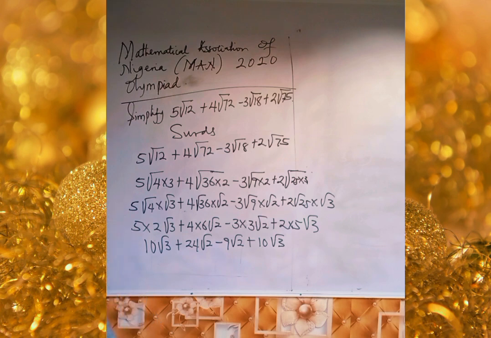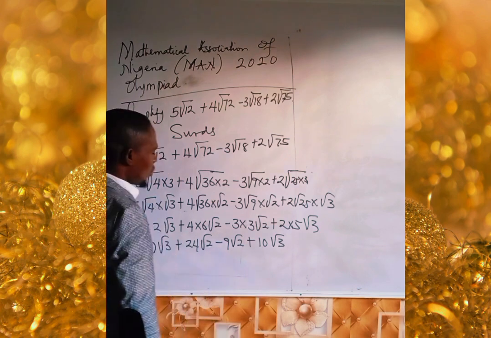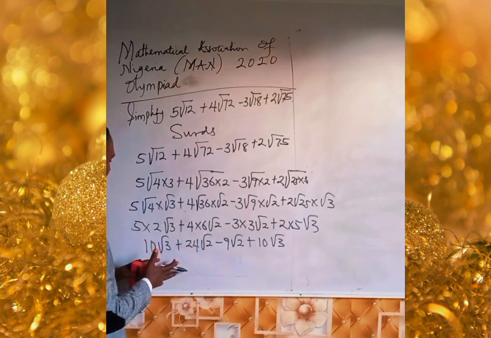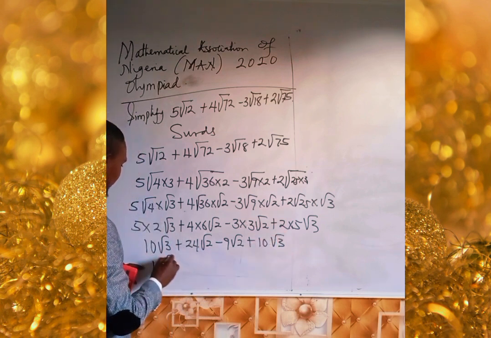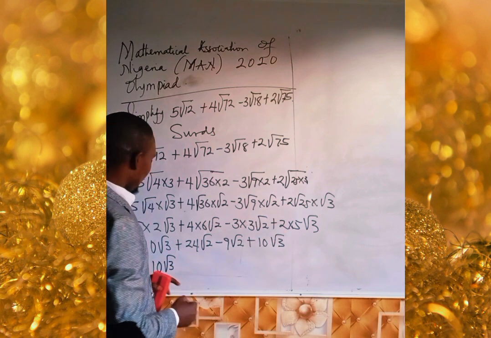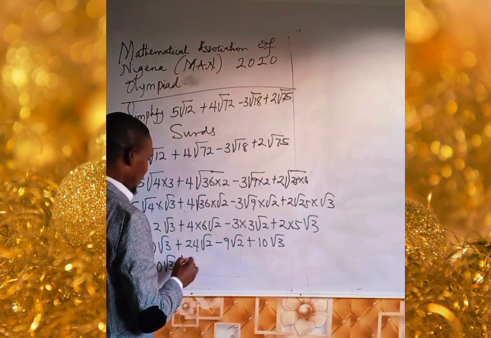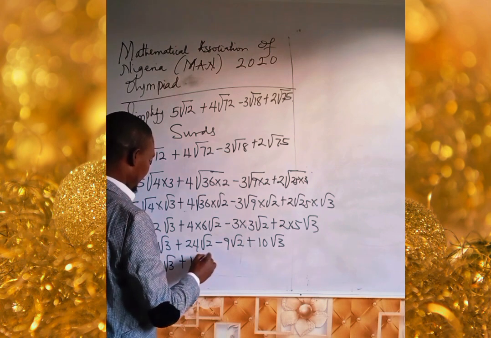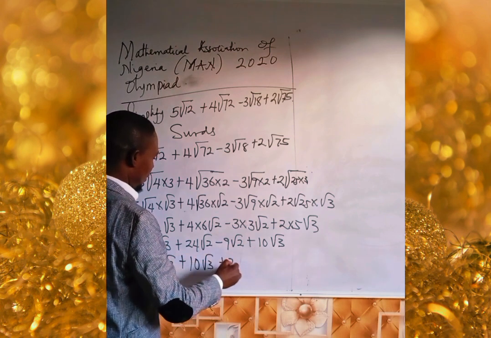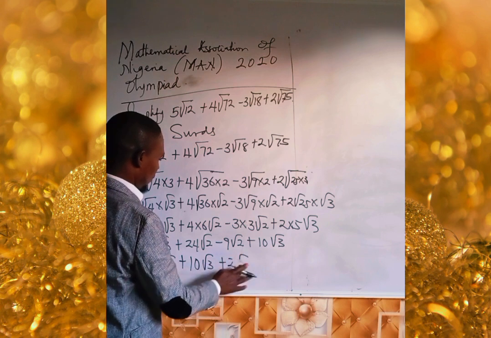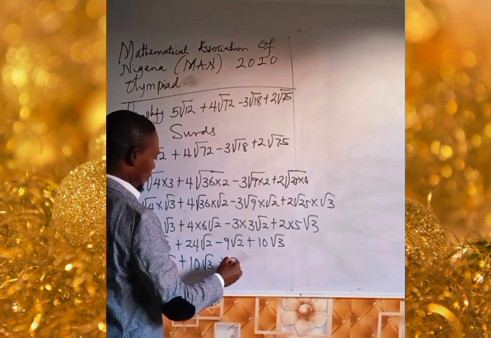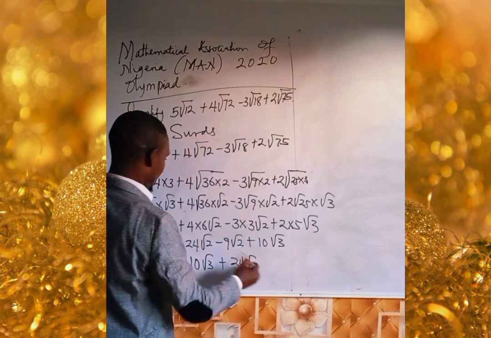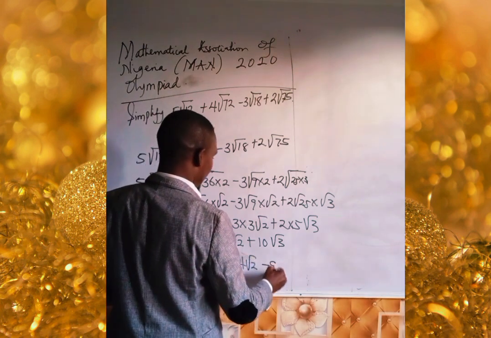What are the terms here? The terms here are root 3 and root 2. So we group root 3 together. Here is 10 root 3, and this is also 10 root 3, plus 24 root 2 minus 9 root 2.